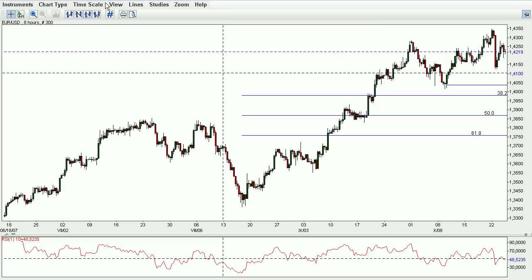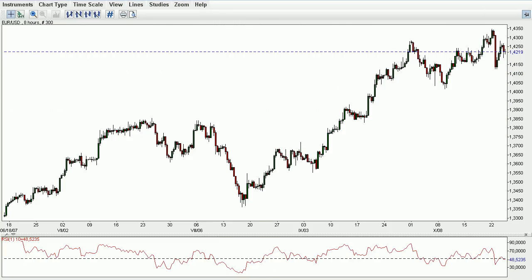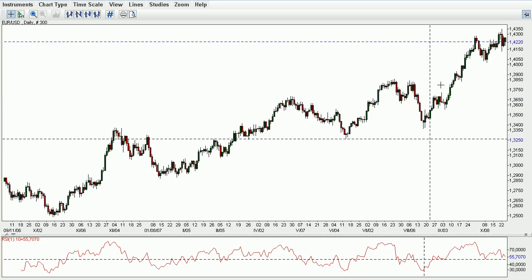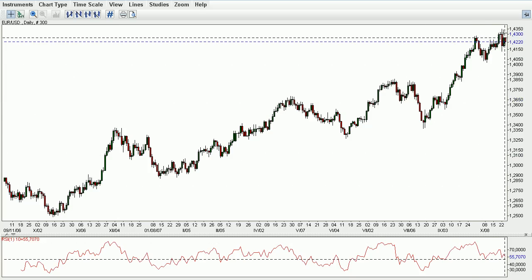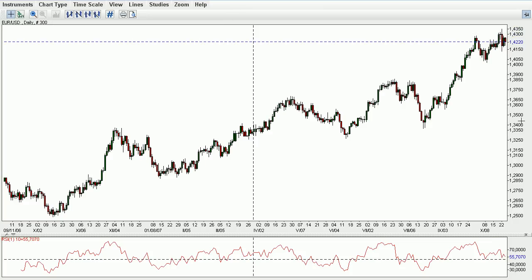Fibonacci retracement level. Okay, let's delete those lines and once again go to a daily chart. We can see that our divergence is still valid. The price hasn't popped above the most recent high, so the thing that we are looking for is most probably a continuation of our downtrend.